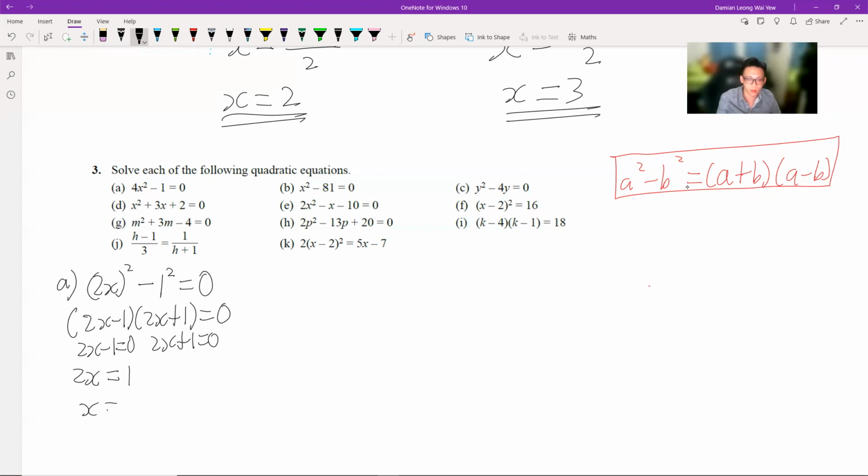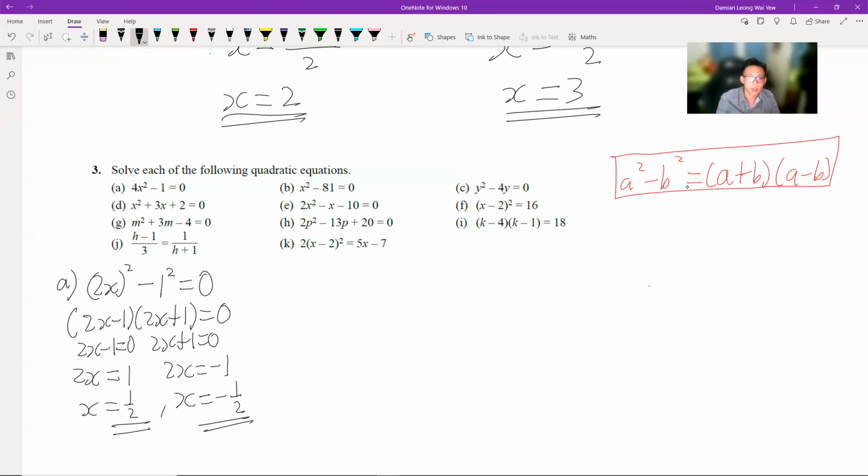So divide by 2, I get half. Next, plus 1, opposite is minus. Minus 1, times 2, opposite, divide by 2. So negative half. So x is either half or negative half. That's for part A.